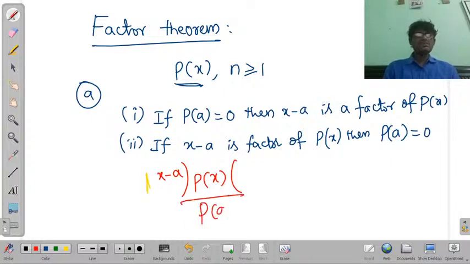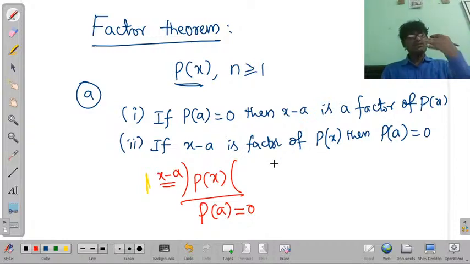Remainder is p of a. Now the thing is, if p of a is equal to 0, what does it mean? That means the remainder equal to 0. If the remainder is equal to 0, then we can say that x minus a is a factor of p of x. This is from normal algebra.